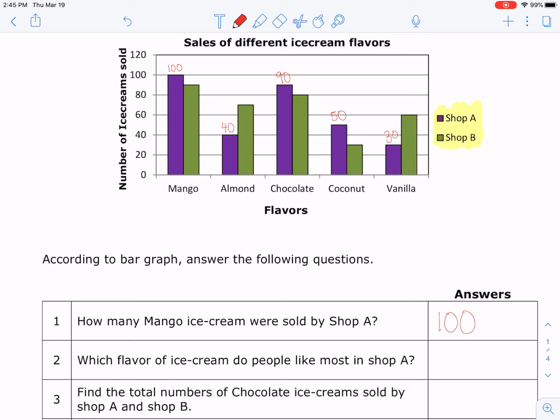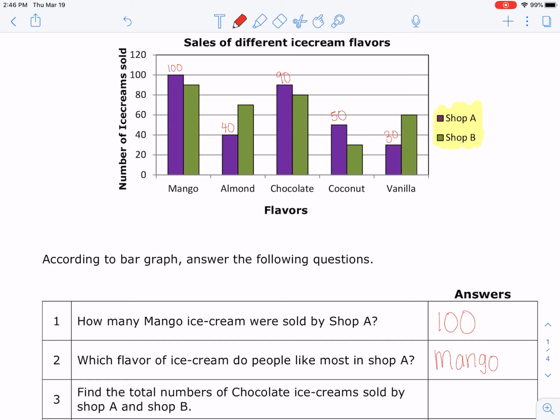So remember that the bars that are in between the numbers are just right in between 20 and 40, which is 30. Right in between 40 and 60 would be 50, and so on. So for shop A, it seems like mango was the one that was most popular and the most sold.